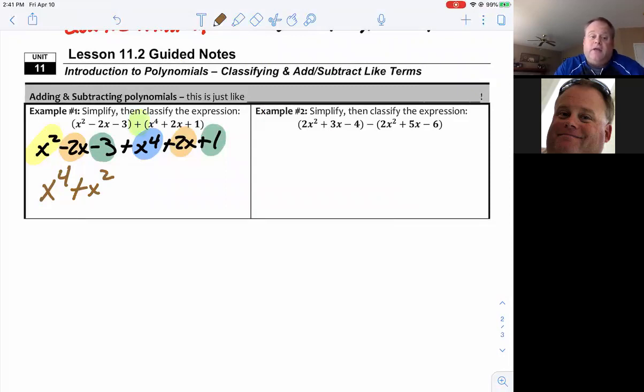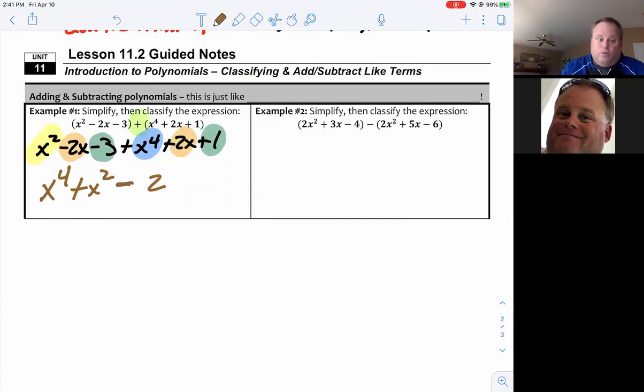Now, there are 2 x's, -2x plus 2x. Well, how many is that? Well, 2 minus 2 is 0. So there are no more x's. They wiped themselves out, so those are gone. And now I'm down to my constants, -3 plus 1. So this ends up being a -2. So plus a -2, and I'm just going to simply write it as -2. Okay. Now I could have written it as plus -2, and that would have been the same thing.